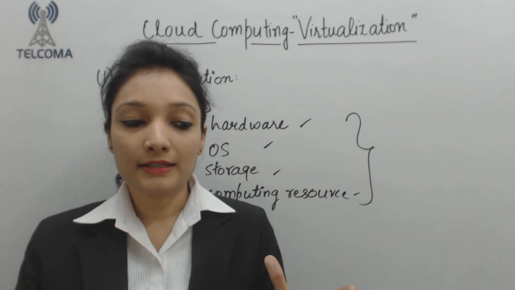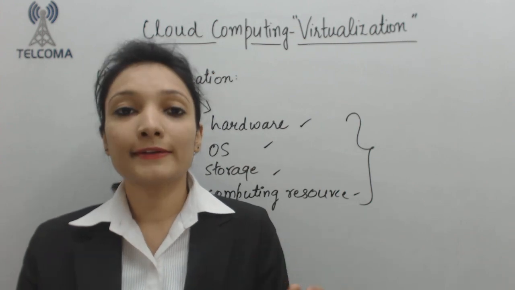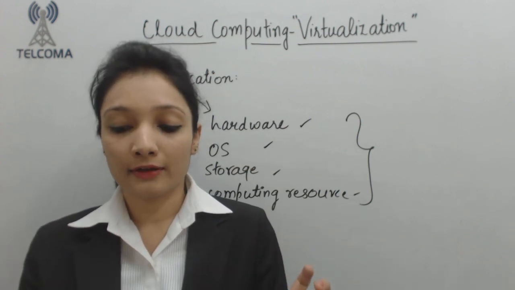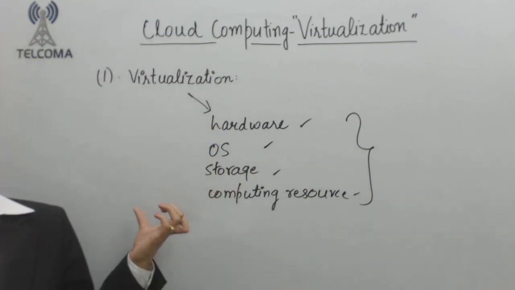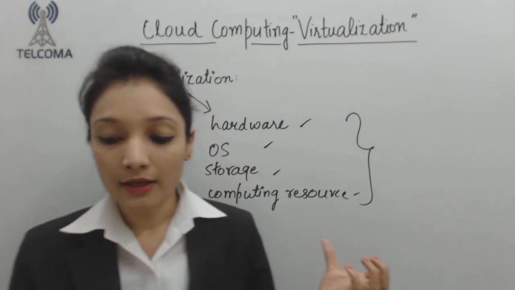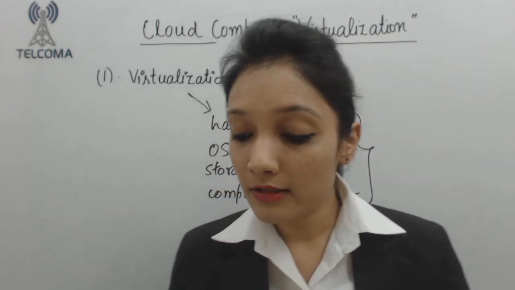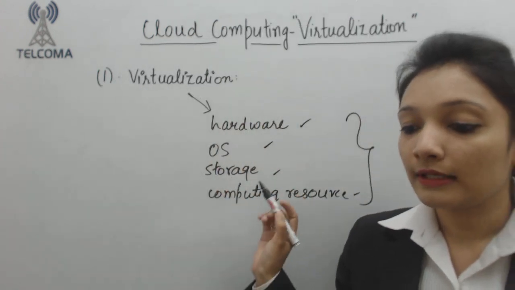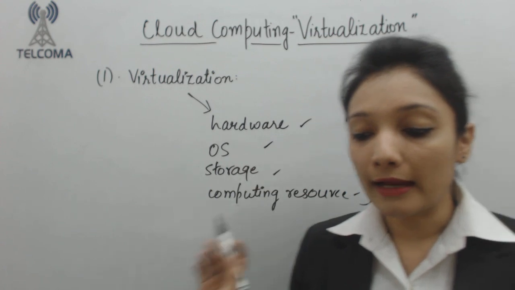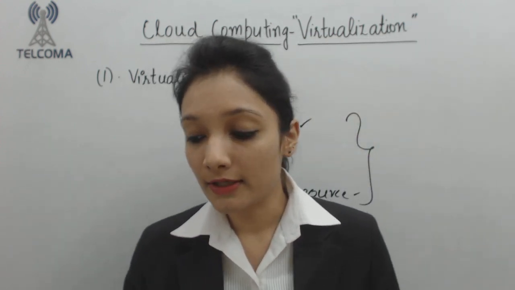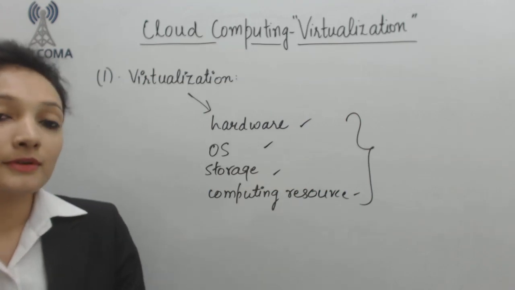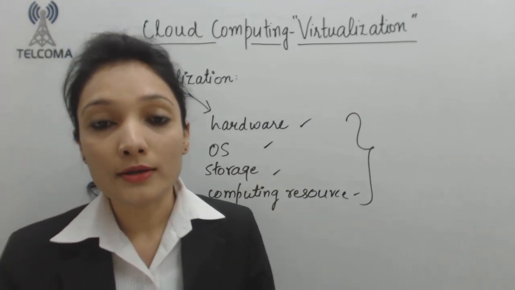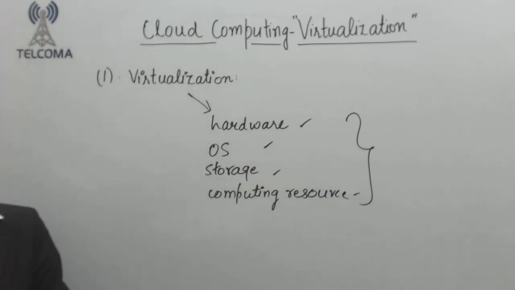Both of these will be isolated from each other and will not interfere with each other. So virtualization is a hardware reducing, cost saving and energy saving technology that is rapidly transforming the IT landscape and fundamentally changing the ways of computing, because we are able to share multiple resources and reduce costs and hardware.